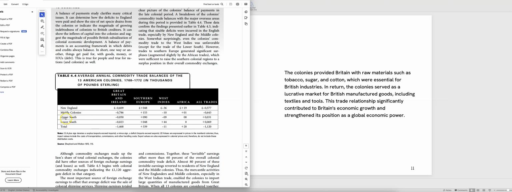And as you see, for the upper South and lower South as a whole, all countries together, you have a trade surplus rather than a trade deficit. Again, no reason to believe that the southern and middle colonies would have necessarily revolted against England in the way that, well, certainly New England, but to a lesser extent the middle colonies, would have revolted.